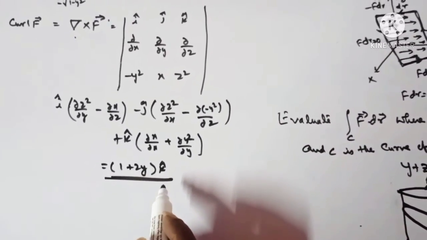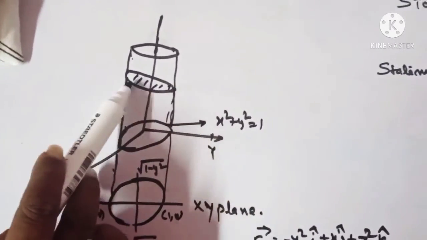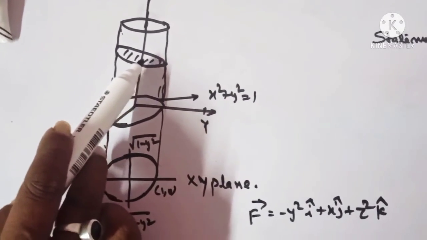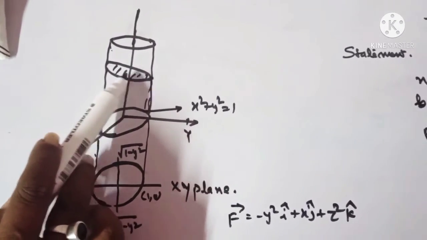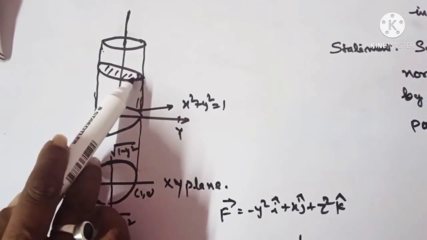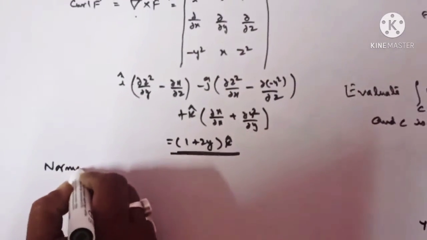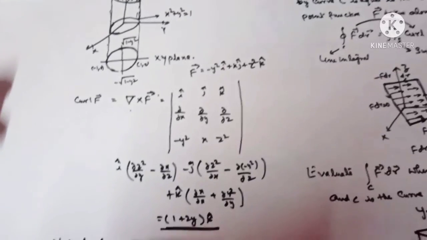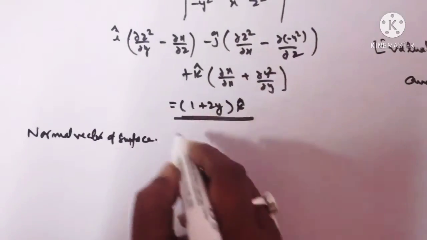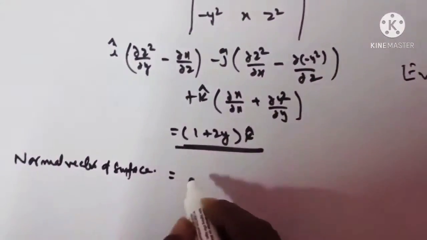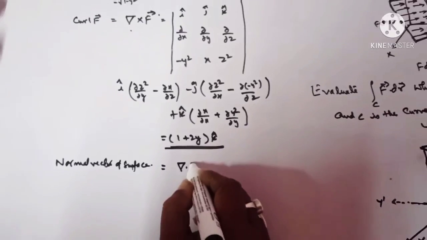Now next, this is your surface, and we have to find the normal vector of this surface. The normal vector of the surface will be the operator dot product f.